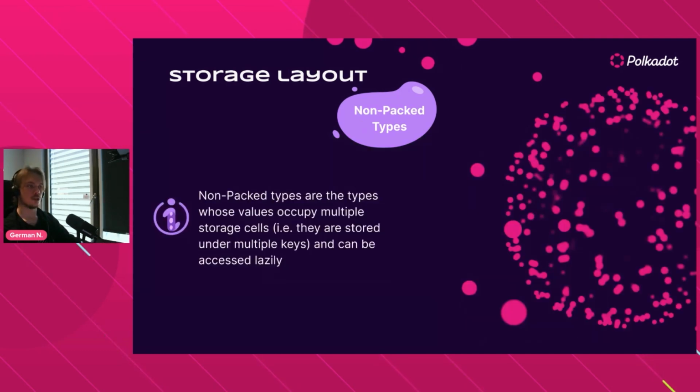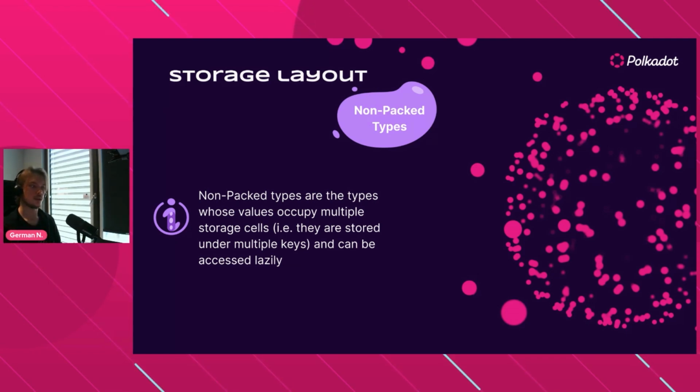Then let's now talk about non-packed types. Again, we start with a boring definition. Non-packed types are the types whose values occupy multiple storage cells. So that means that with non-packed types, you can essentially have multiple keys, and each key will store individual values, and you can access this individual value by key.